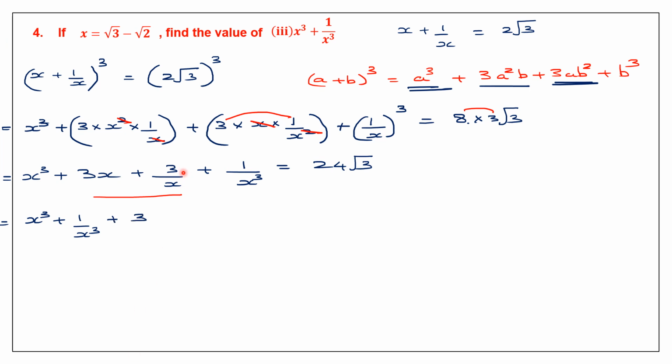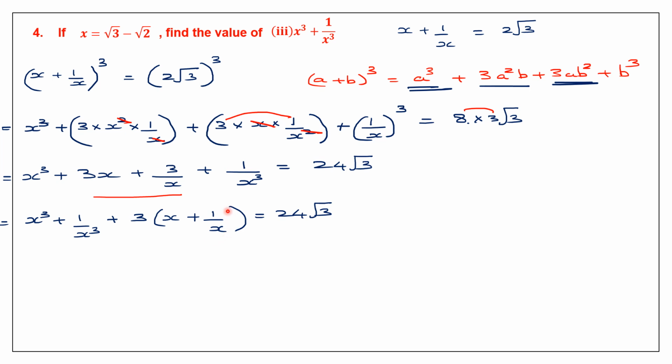Now I'm looking only at this. I've taken 3 out. So what do I have inside? I have only x inside. So let me put brackets and put that x inside. Plus, now here also I've taken the 3 here. So what can I put there? I can put 1 by x. So I have 1 by x. And this we have already moved it to the side. So that's it. We just have to write equals 24 root 3.